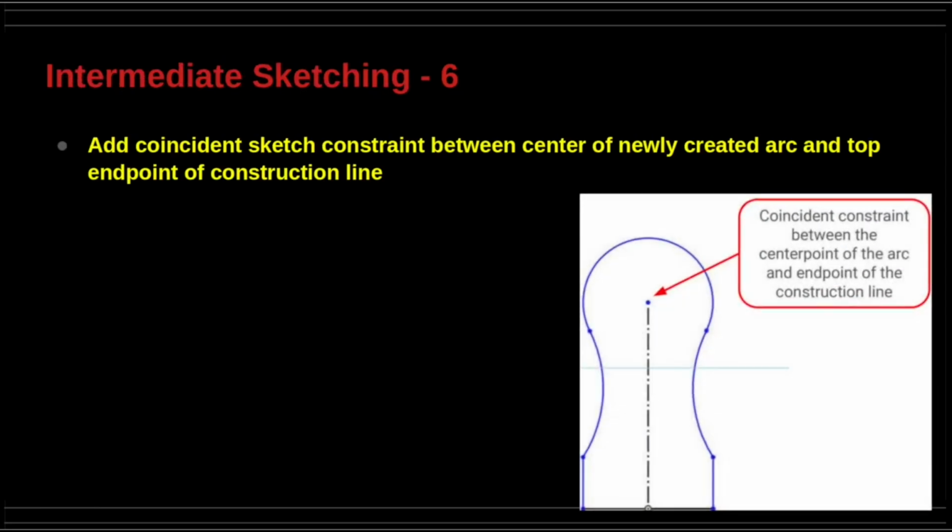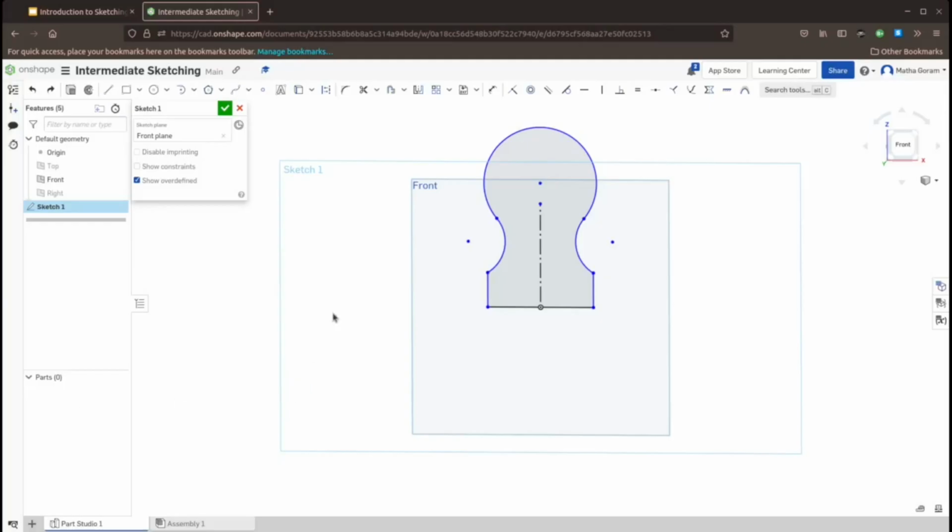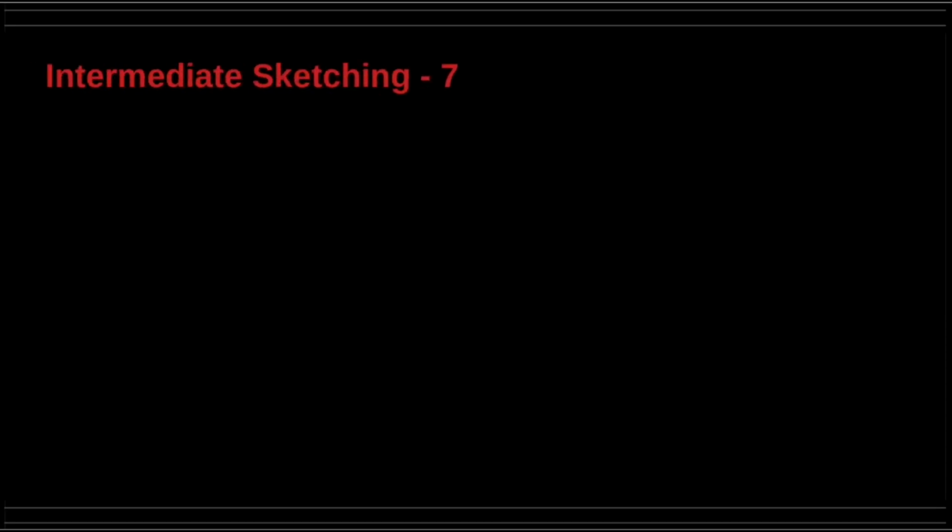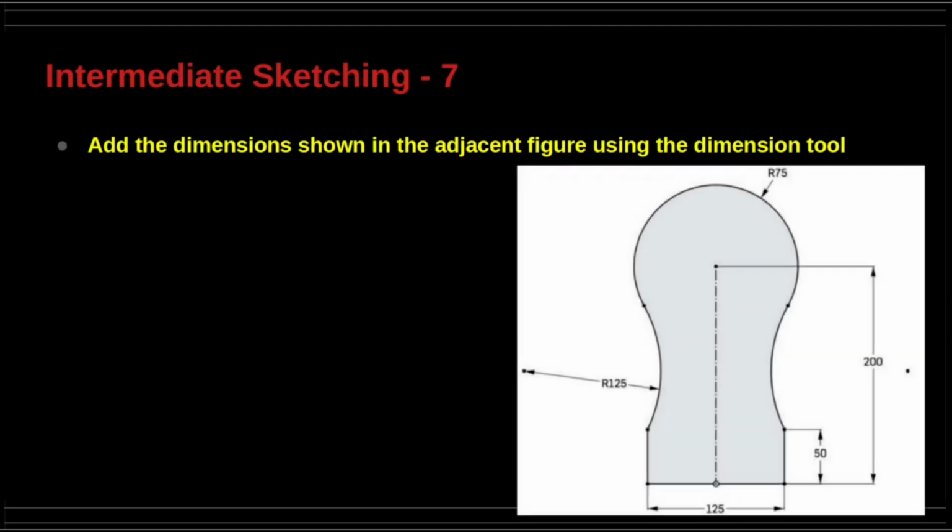Add coincident sketch constraint between the center of the newly created arc and the top endpoint of the construction line. Add the dimensions shown in the adjacent figure using the dimension tool.